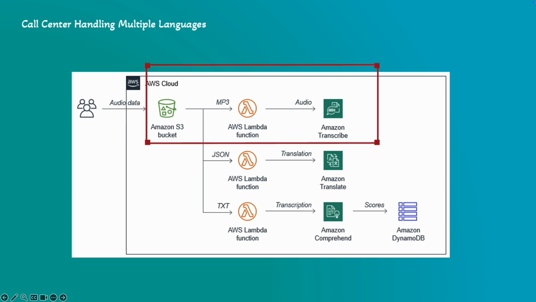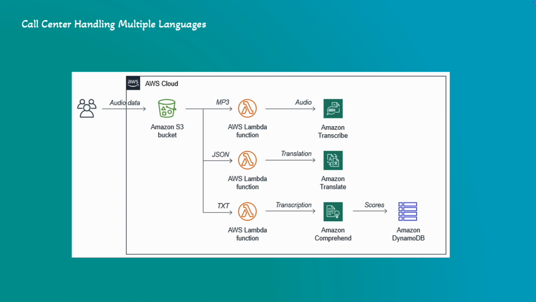To start with, all the conversations, the audio files, are landed in the S3 bucket. Then, with the MP3 files, I am invoking Amazon Transcribe to convert the speech to text, or transcribe the conversations. Then the transcribed output, which may be in JSON format, feeds into Amazon Translate to convert the local languages to English.